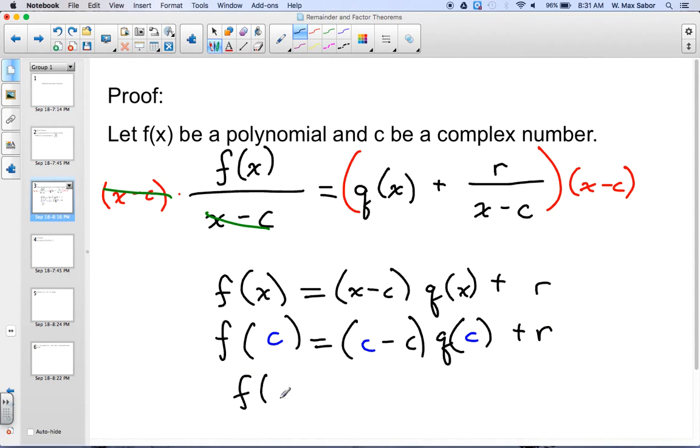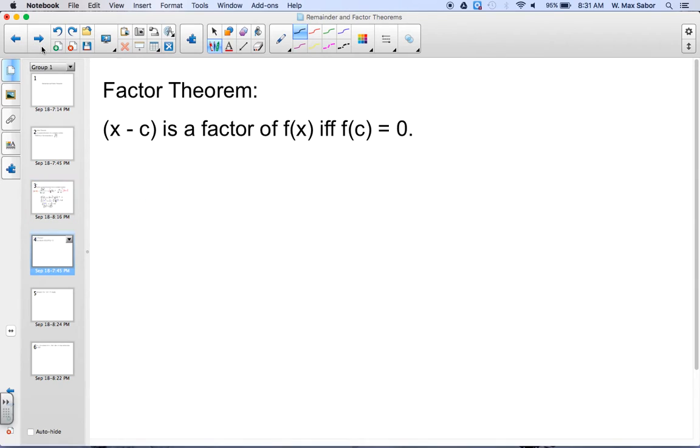So simplifying the right side, we get f of c is 0 times q of c, so this whole thing is 0 plus r, which means that it equals r, which was what we were trying to prove, that the remainder is equal to the result when you input c. So we've proven it.